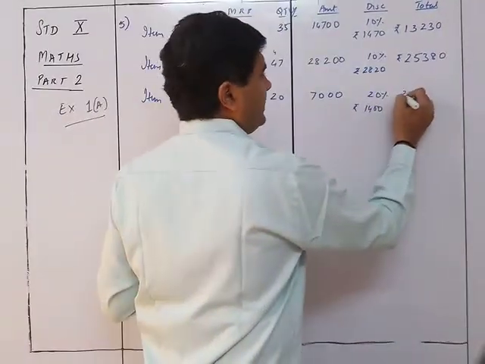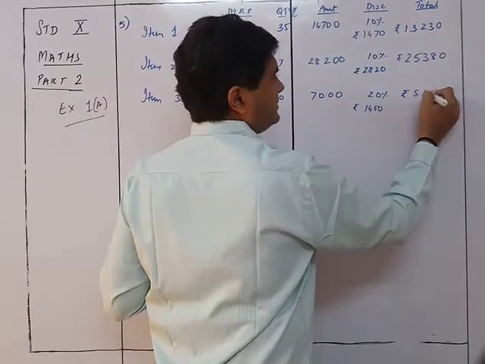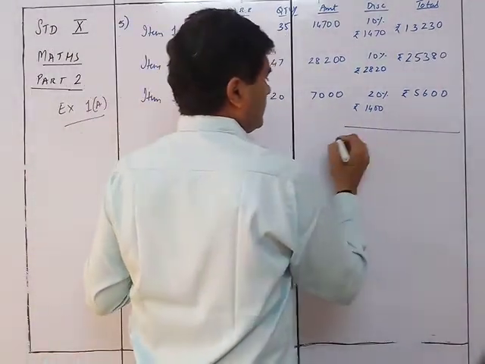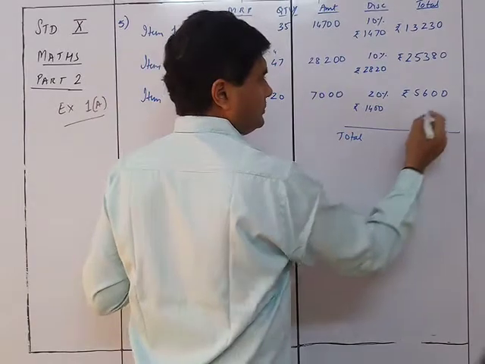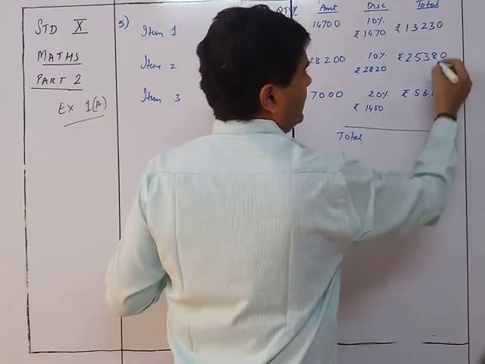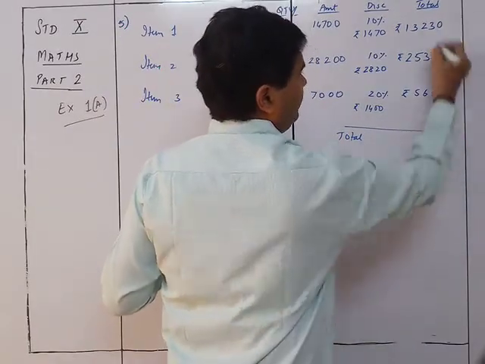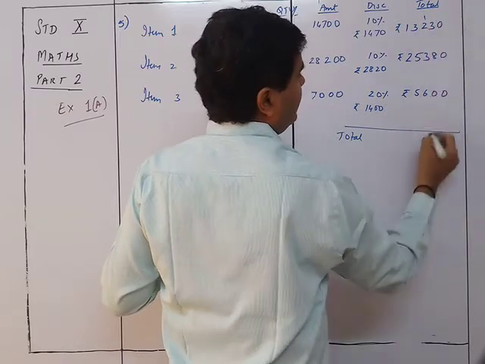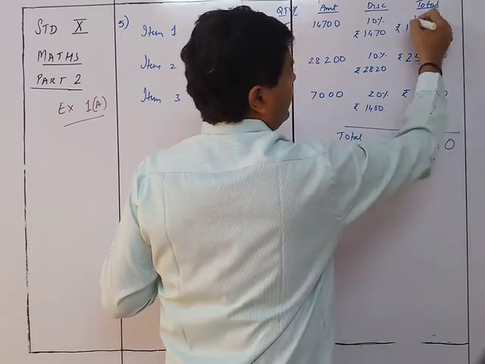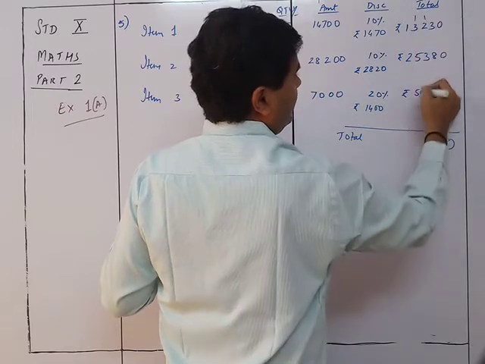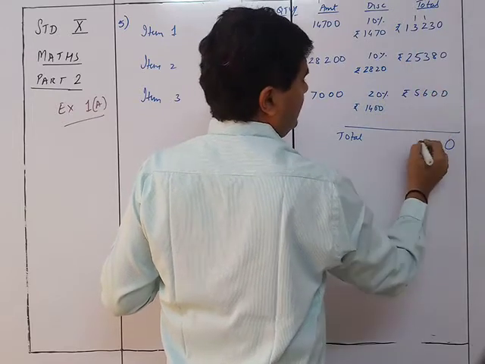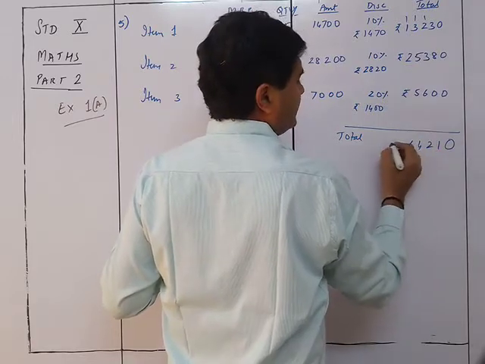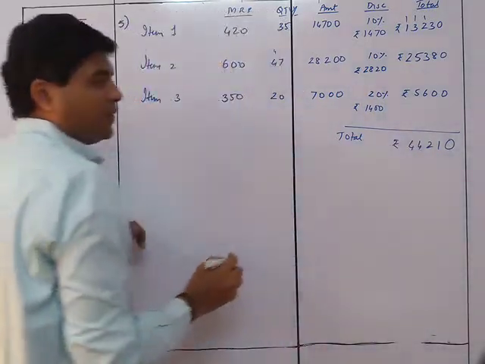Accordingly, it will be rupees 5600. So that gives us the total, adding up, as 44,210, which is the total bill amount without the taxes.